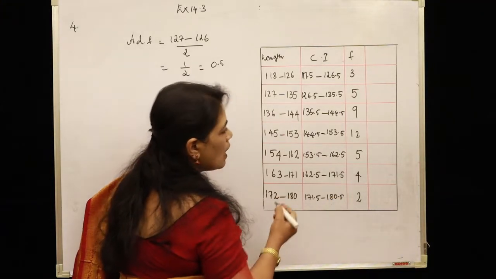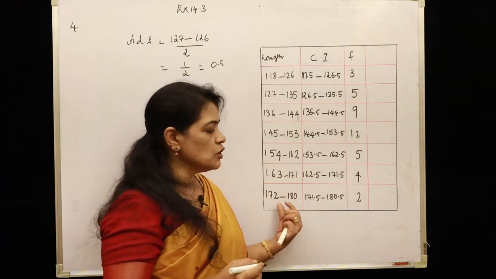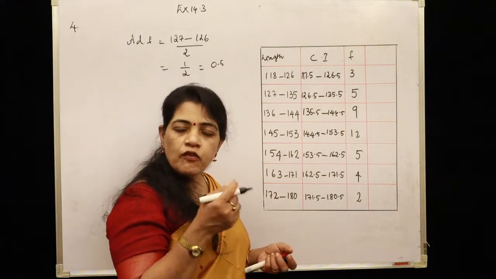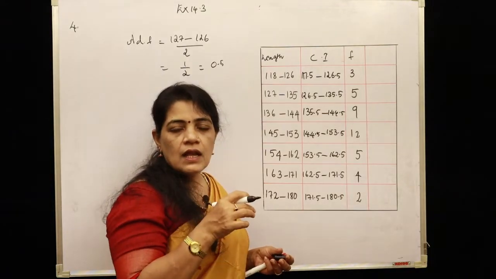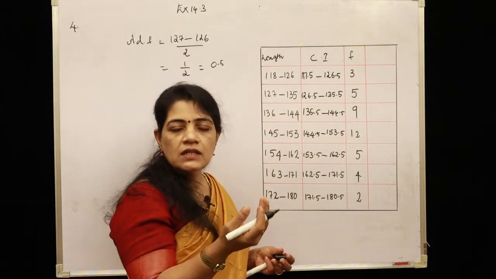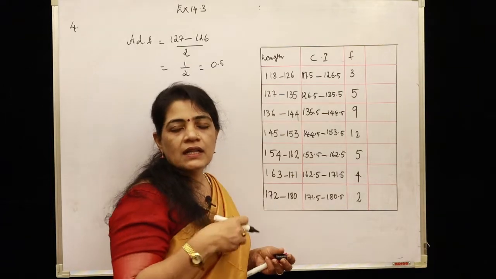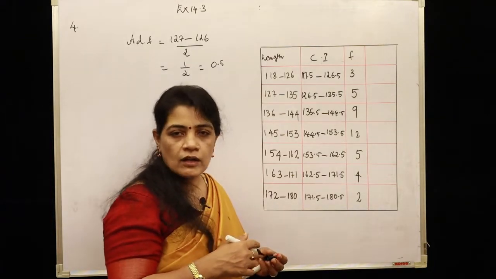So we have converted this into continuous form by finding the adjustment factor, and for each class interval, add the adjustment factor to its upper limit and subtract the adjustment factor from its lower limit.